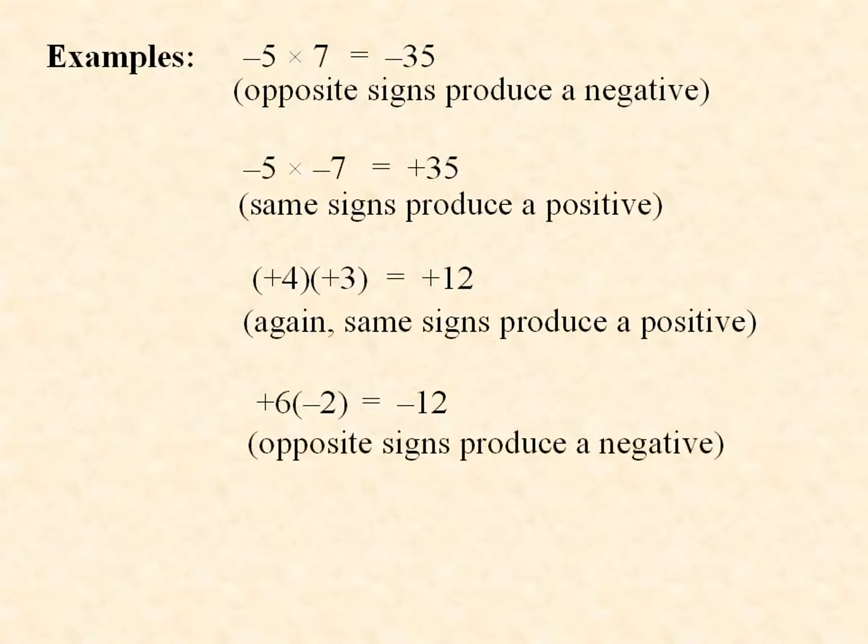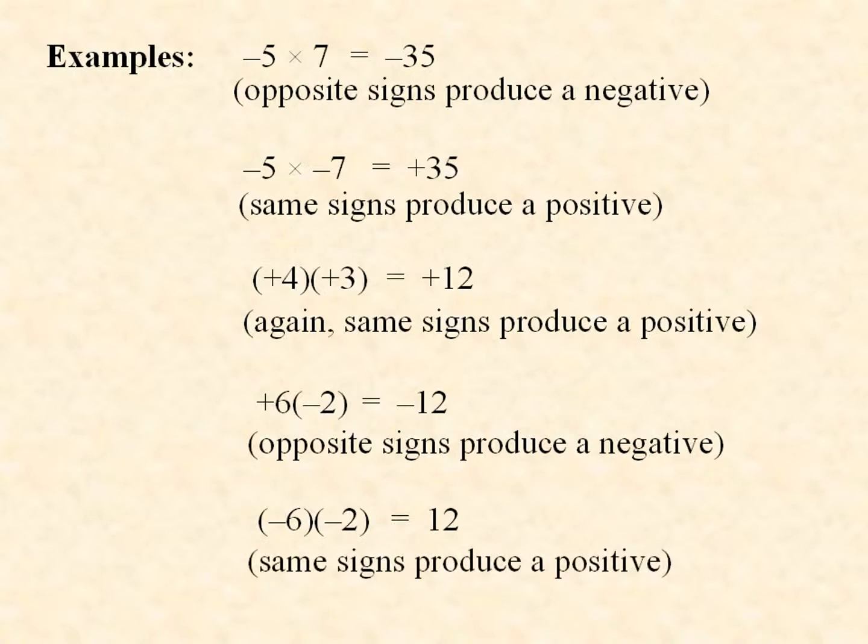A positive times a negative is a negative. Negative 6 times negative 2 is positive 12. Same signs produce a positive, or a negative times a negative is a positive.